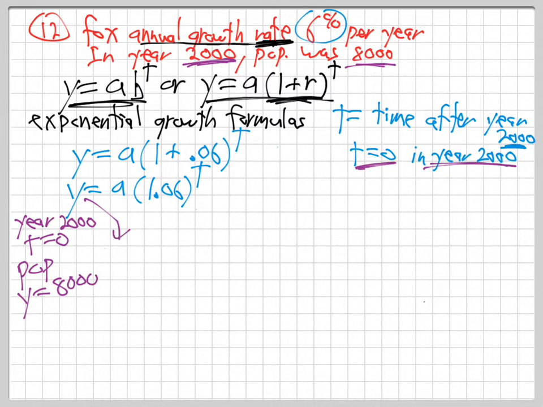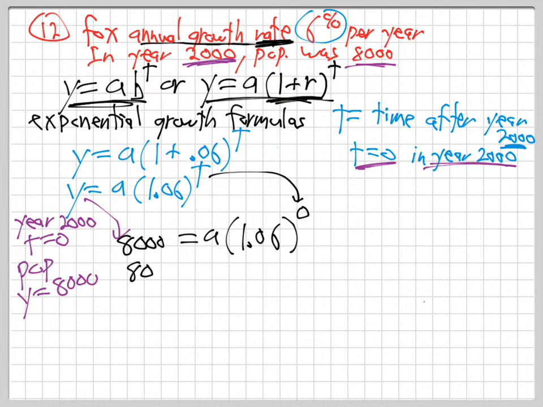So I take this y and I say, all right, y, you are 8,000 when the time is 0. So what happens there? What's anything to the 0 power? 1. Do you know that? Make sure you know. Any number to the 0 power is 1. So this just means a is 8,000.